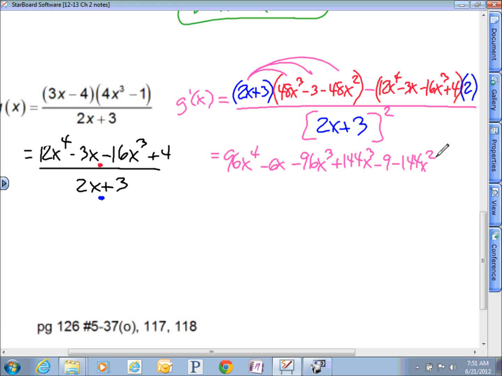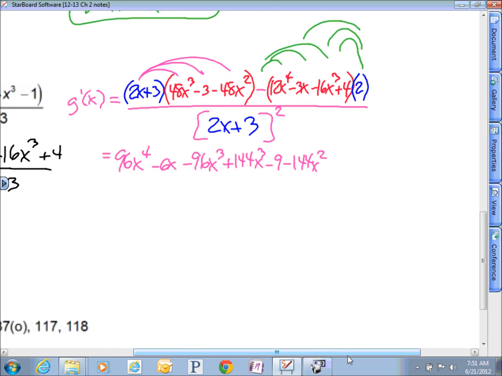And then over on this side, we're going to have to distribute the negative and the 2 while we're at it, so I'm going to do that in one shot. I'm definitely going to need more space. So if I take a negative and the 2 and distribute it, then I'm going to have a negative 24x to the 4th, a plus 6x, a plus 32x cubed, and a minus 8.